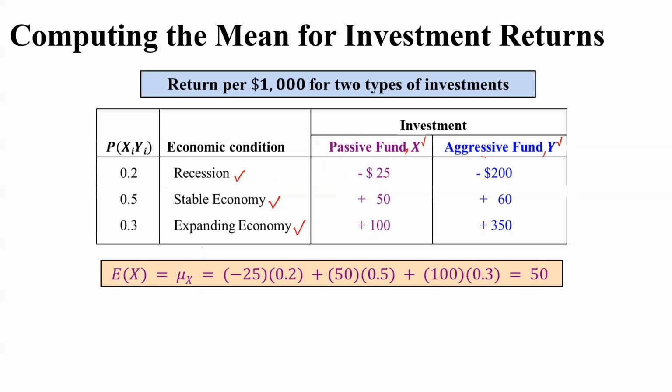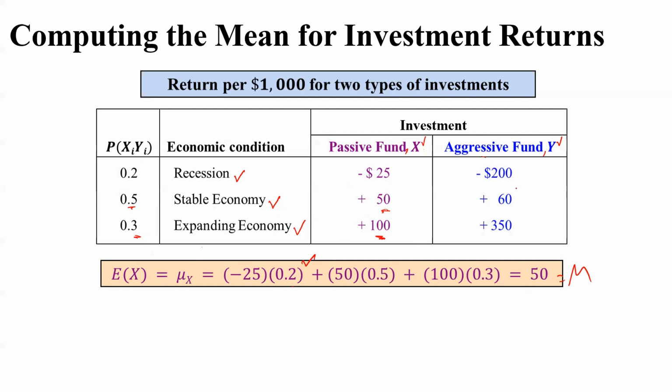So minus 25 multiplied by 0.2, plus 50 multiplied by 0.5, plus 100 multiplied by 0.3. This gives you mu, your expected mean value.